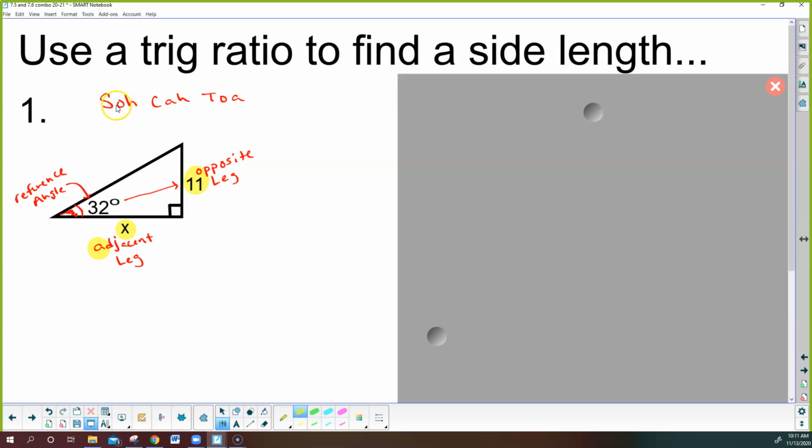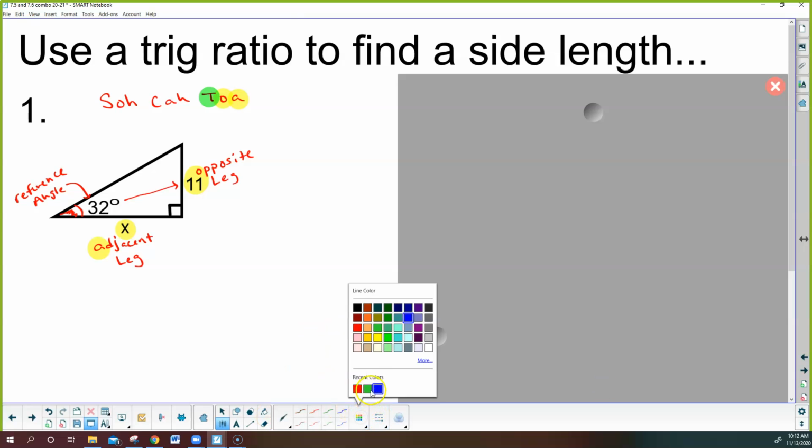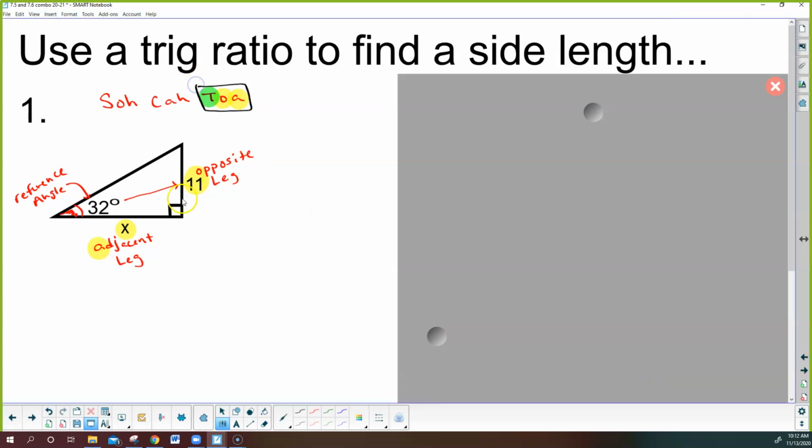Well, sine has opposite and hypotenuse, but I don't know the hypotenuse, so I can't use sine, which means I can't use cosine, which means the O and the A tells me I need to use the tangent ratio. That's why SOH CAH TOA is so important, it just gives us an idea of what ratio we're going to use. So now we have to set things up.